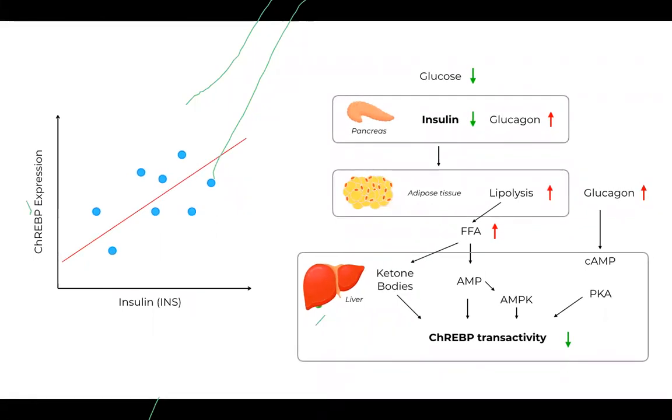However, if we take the CHREBP gene, which is related to carbohydrate metabolism, we just measure this one gene and the carbohydrate intake, and we can quantify the relationship by measuring insulin.